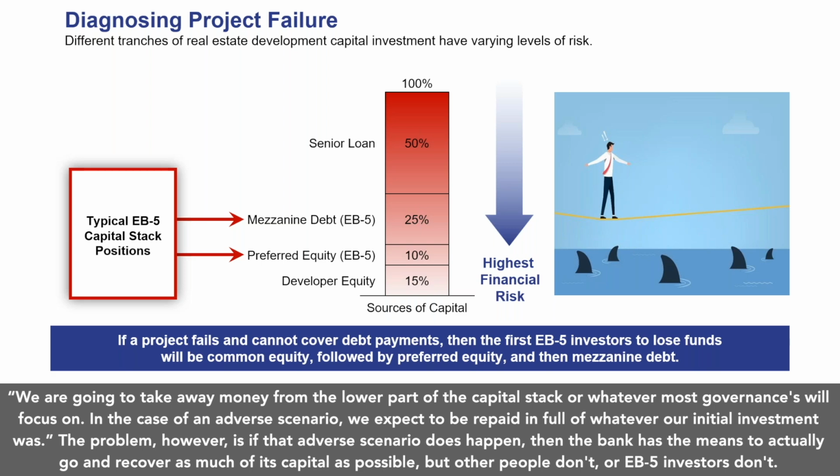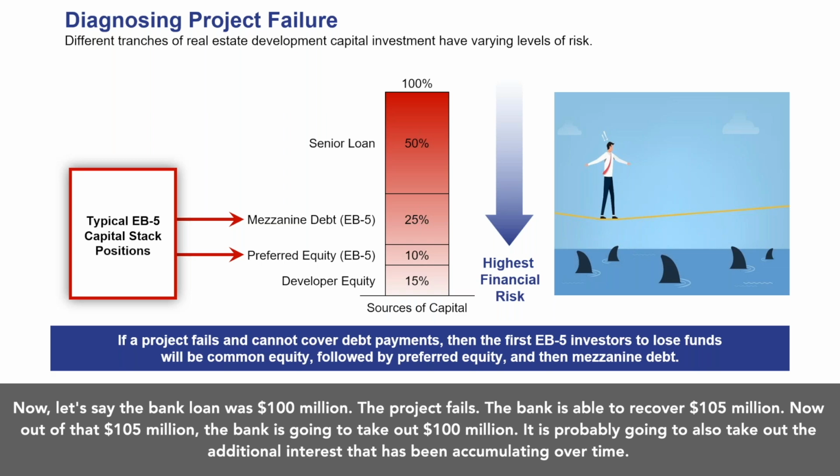And the problem, however, is if that adverse scenario does happen, then the bank has the means to actually go and recover as much of its capital as possible. But other people don't, or EB5 investors don't. Now, let's say the bank loan was 100 million, the project fails, the bank is able to recover 105 million. Out of that 105 million, the bank is going to take out 100 million.